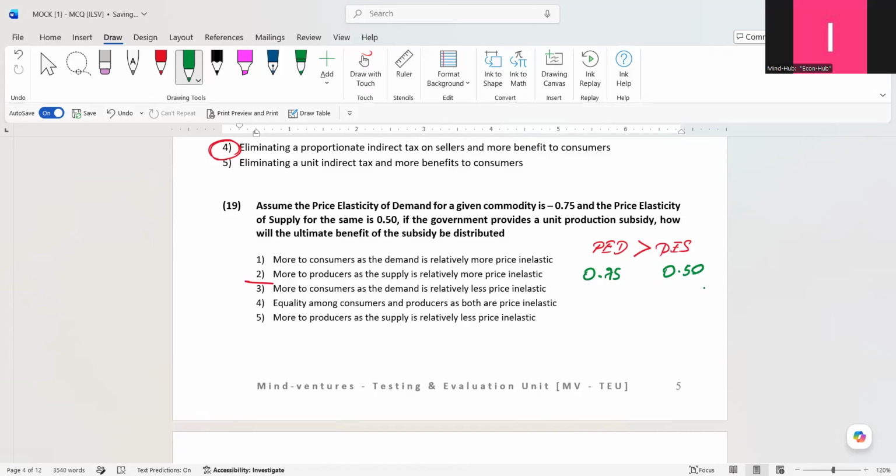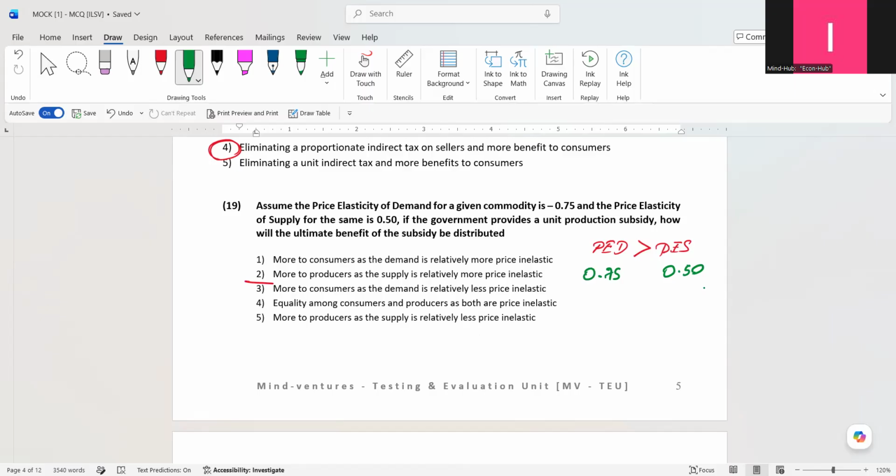Remember what we learned about subsidy: subsidy creates benefits, but the more elastic you are, the less benefit. So demanders will get less benefit, because demand is more elastic and supply is more inelastic.